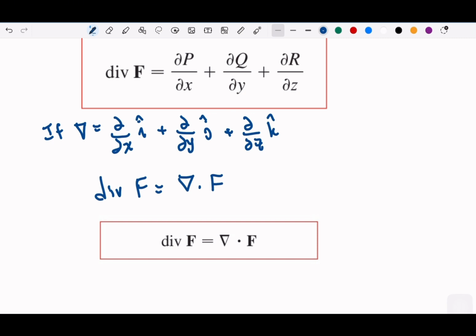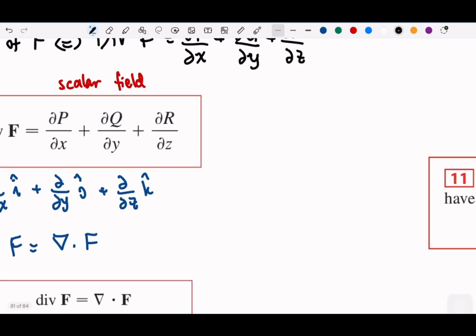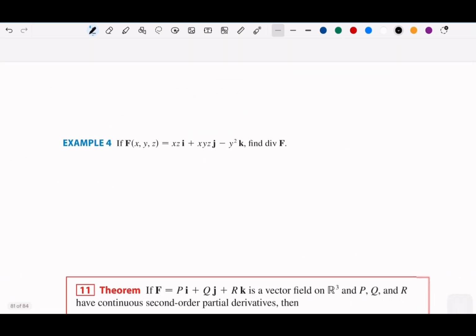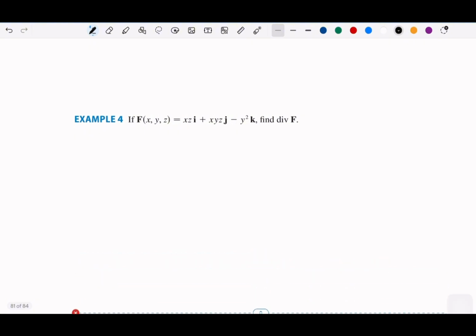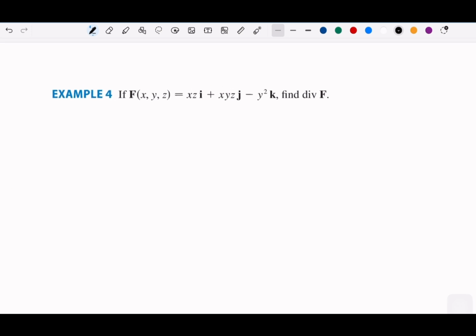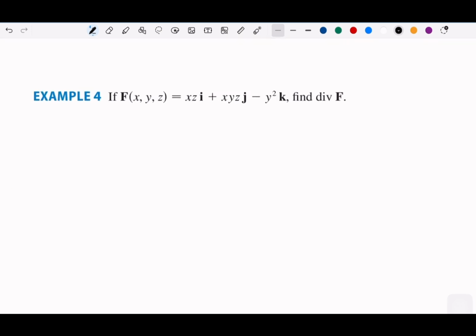Okay, maybe giving some application in a quick example. Suppose that we have a vector field F. This is, I think, the same example as the previous one for the curl.